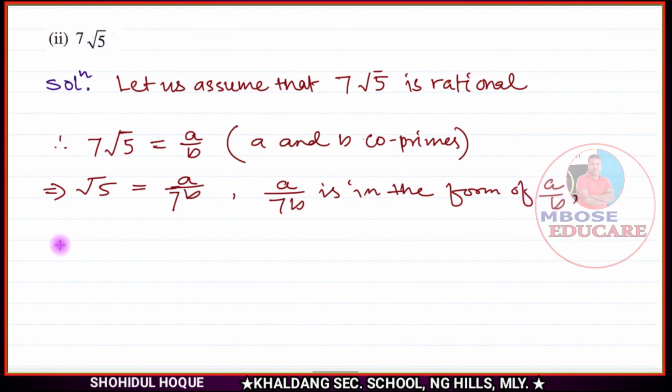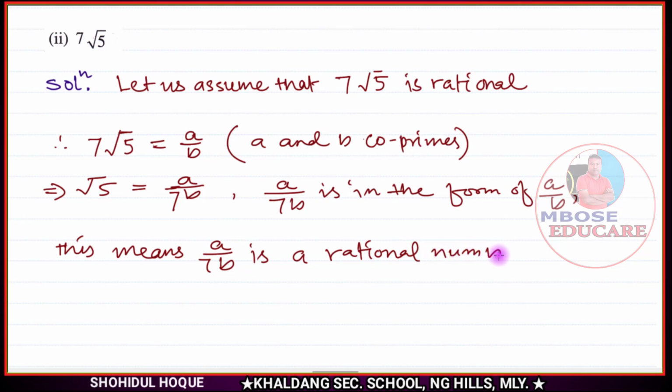This means a by 7b is a rational number because this is in the form of a by b. When a by 7b is a rational number, then it is equal to under root 5.